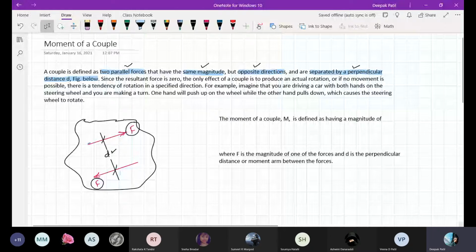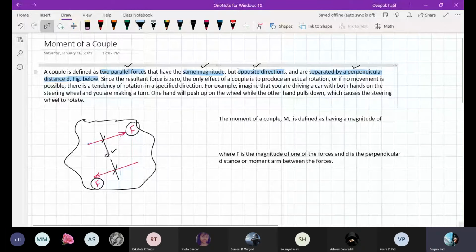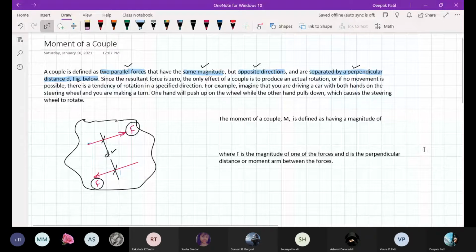Yes, sir. Yeah. Are you clear with this definition of a moment of a couple? Any doubts you have? No, if I am not getting any answer, then what should I understand? Have you understood or not?